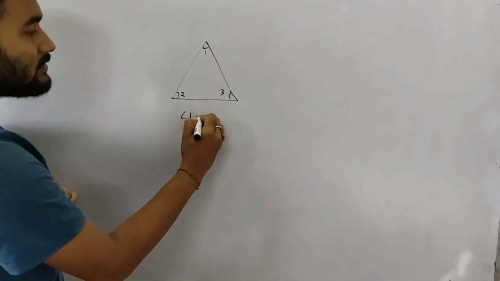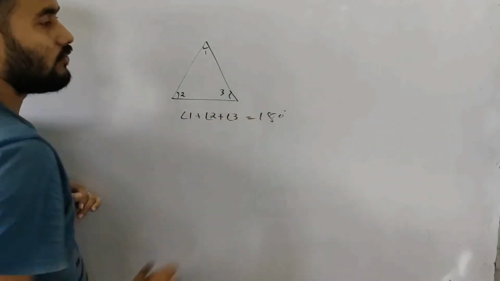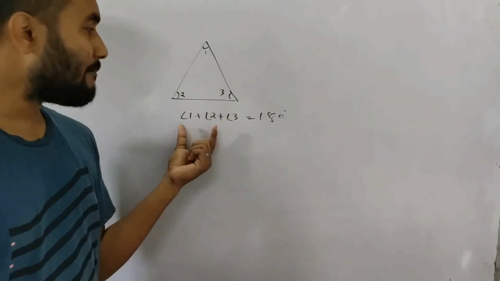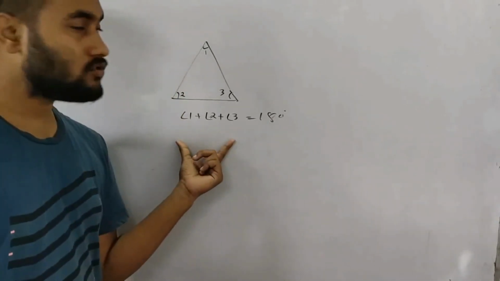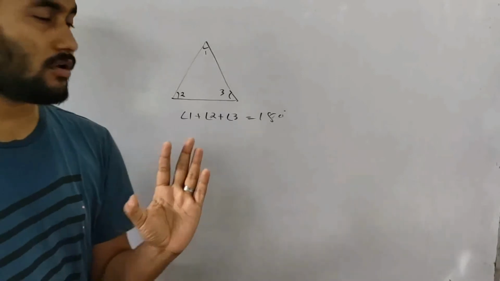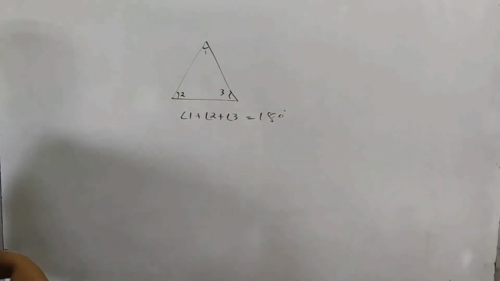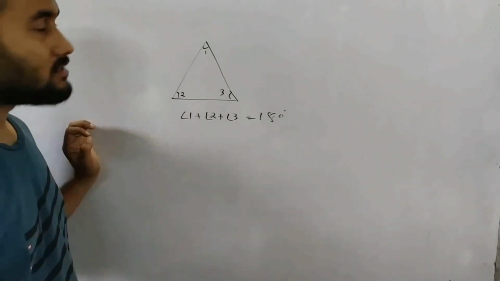So if you add these three angles, always it will be 180 degrees. Don't say this to be supplementary, okay? Supplementary is only for addition of two angles, not three angles. Understood? Addition will be 180 degrees, not supplementary. Three angles addition, if it is 180 degrees, then it is not supplementary, only two angles.